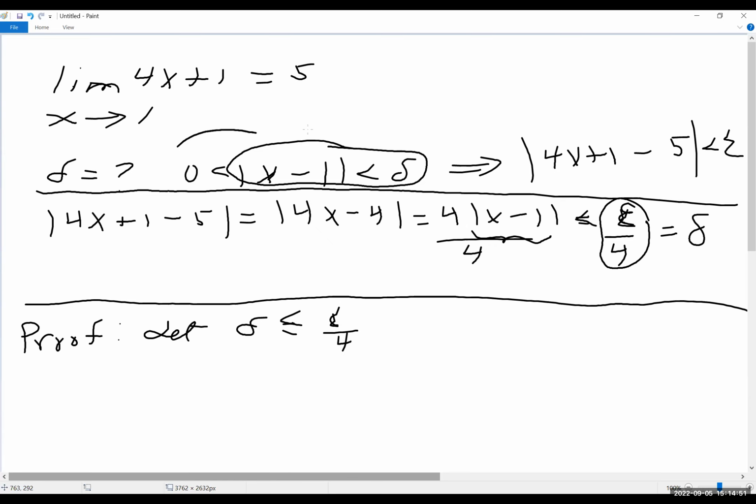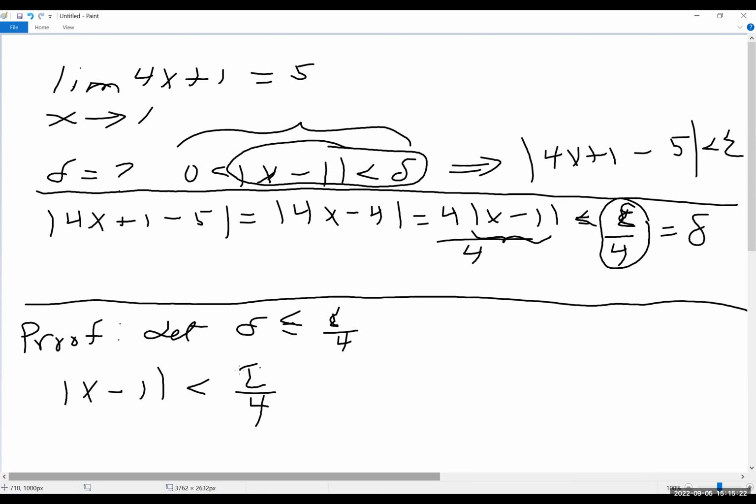So this here is my assumption, and I mainly need to focus on the right side of this equation. That's going to be less than my delta. I'm going to make that assumption because I've already picked my delta.